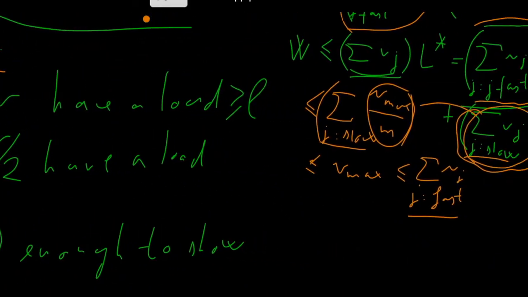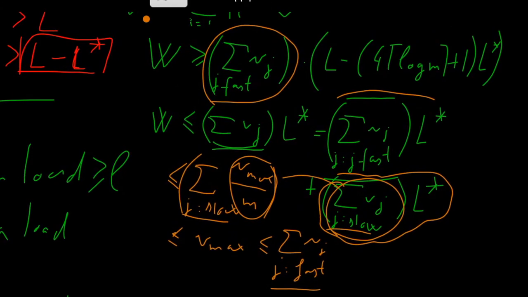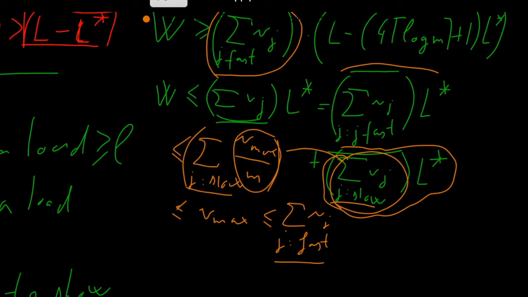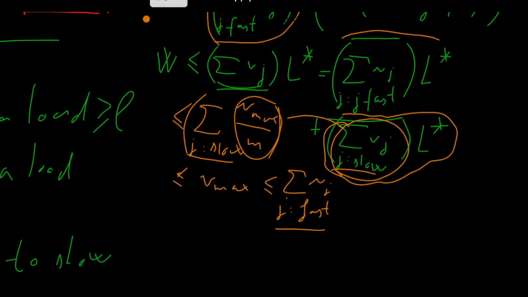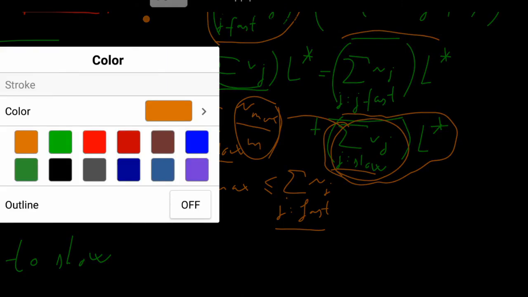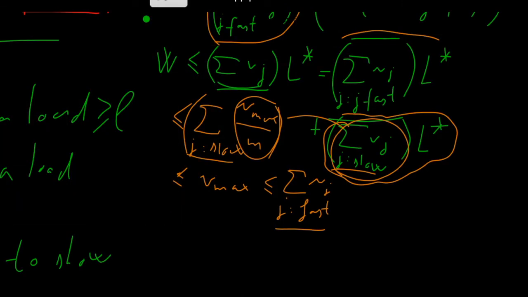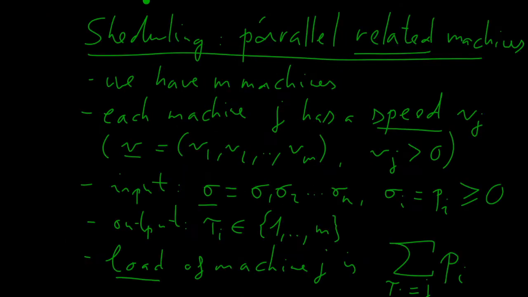Sorry for the advertisement bouncing in, but now I will have this. So from this reasoning, I can get that this thing is at most 2 times the sum of the speeds of the fast machines.